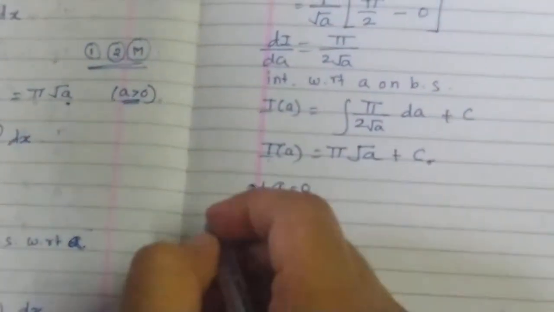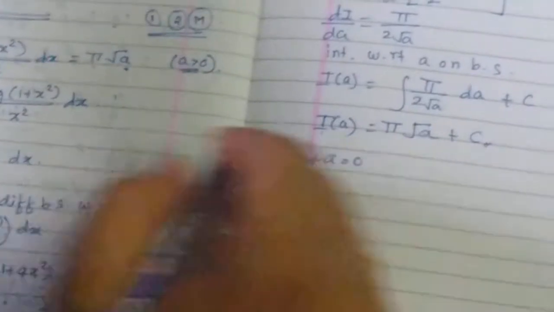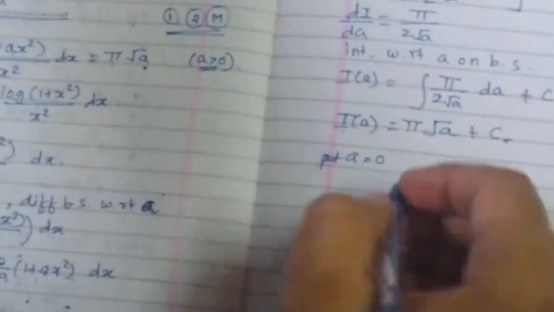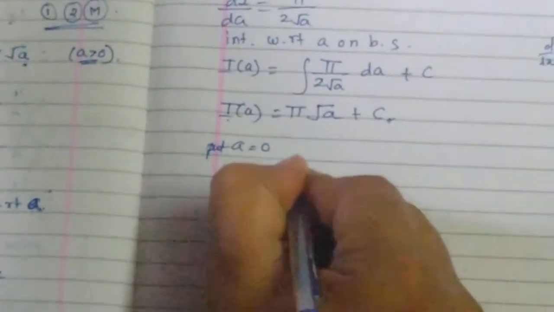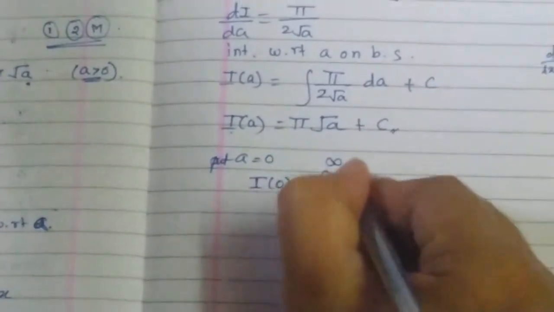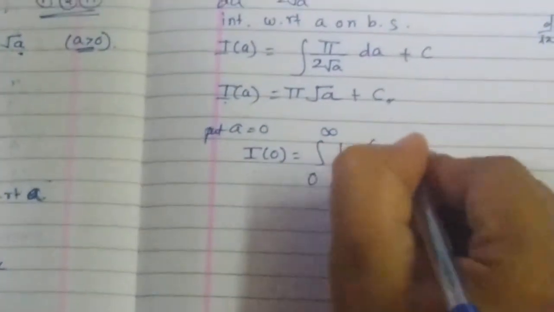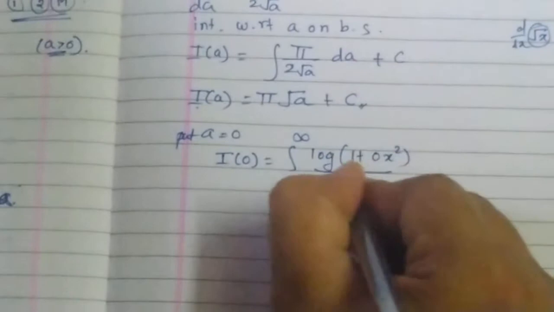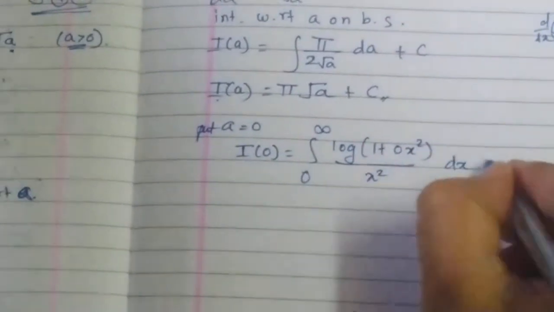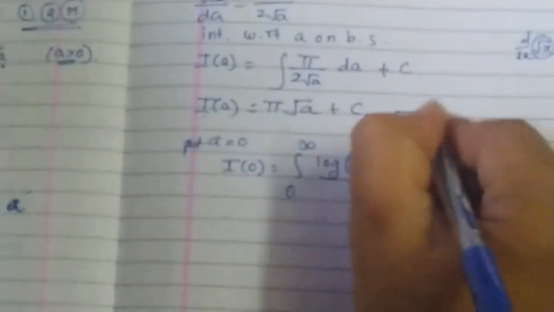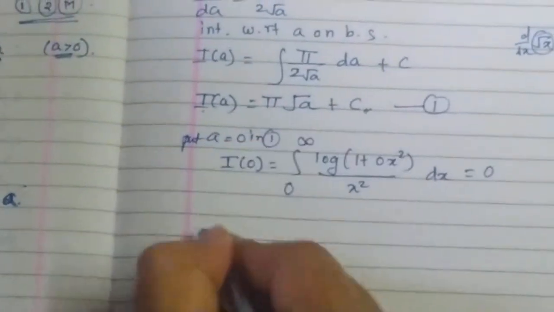Now what will happen? When I substitute A equals 0, because the lower limit is 0, for this integral, I of 0 is equal to integration from 0 to infinity log of 1 plus 0 into x square upon x square dx. Now this becomes log 1. Log 1 is 0. So I of 0 is 0. So when I substitute A equals 0 in 1, what I am getting?